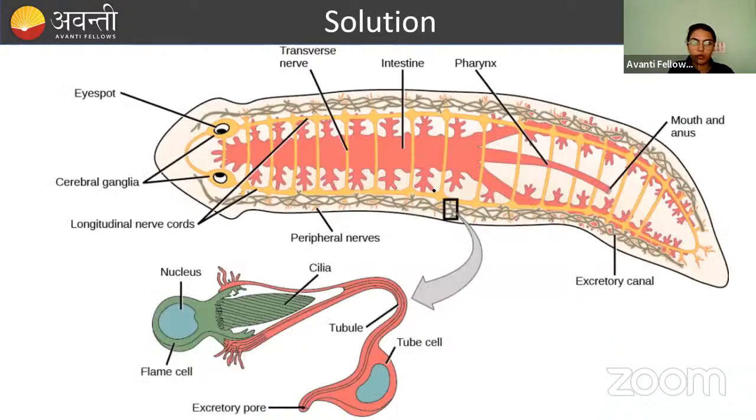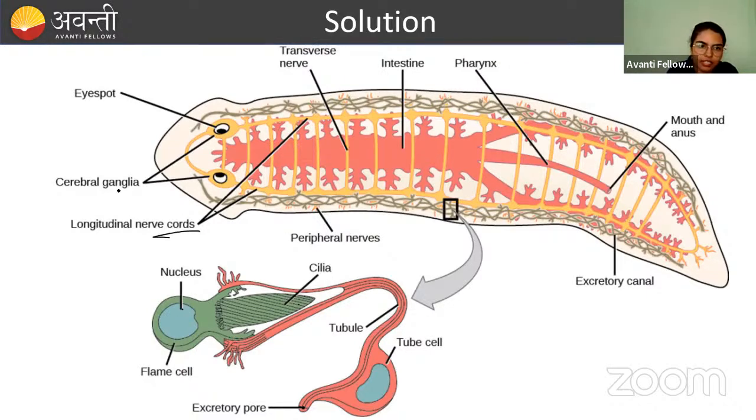यहाँ पे देख लो बेटा, I am going to give you a very good picture here. So this is a planaria. यहाँ पे मैंने सिर्फ इतना ही पार्ट को highlight करके आपको बताया है. You will be very easily seeing this. So this is a flame cell. Okay, here you can see the flame cell. It has the nucleus and cilia. And there are nerve cords.